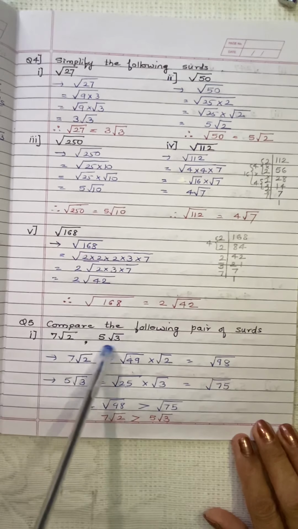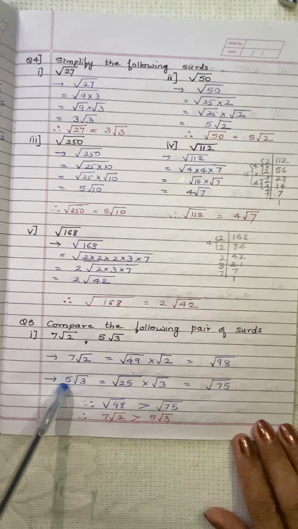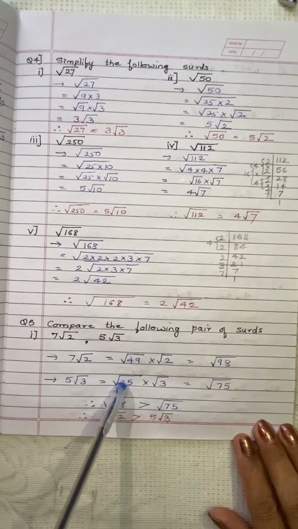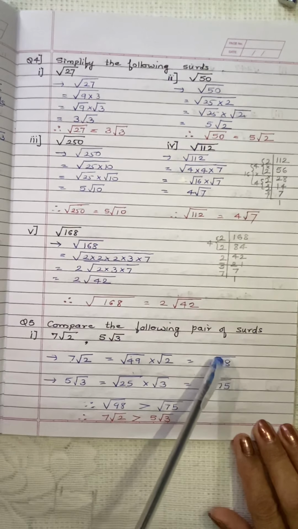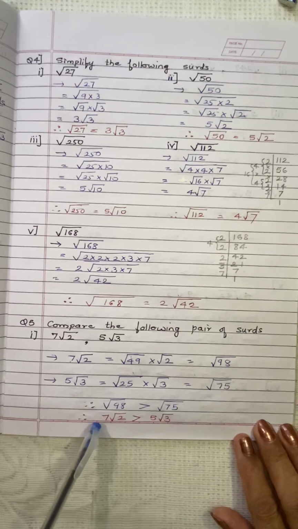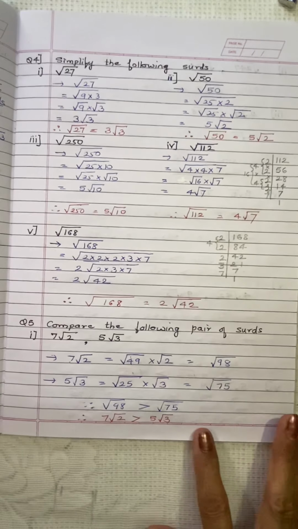Now looking at the values, we cannot compare unless we change them into root form. And 5 root 3, now 5 square is 25, so this will be root 25 into root 3, which gives us 75. Now we can compare them. 98 is greater than 75, therefore 7 root 2 is greater than 5 root 3.